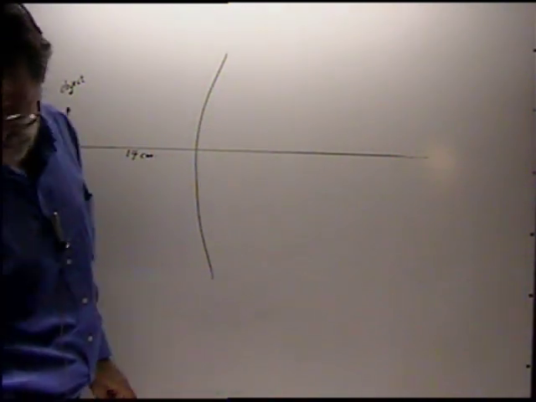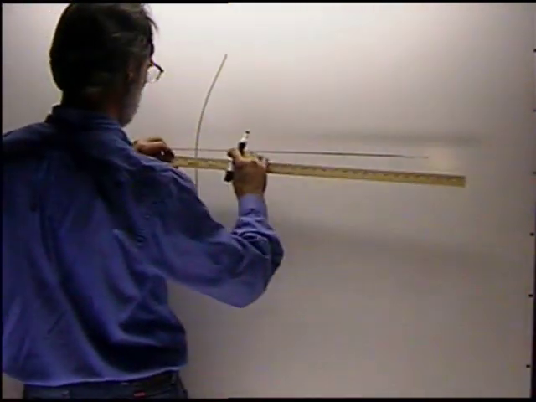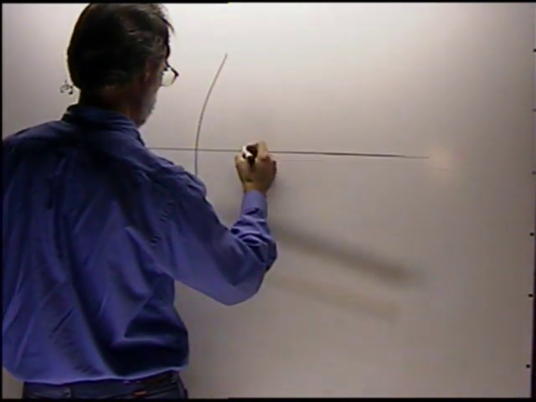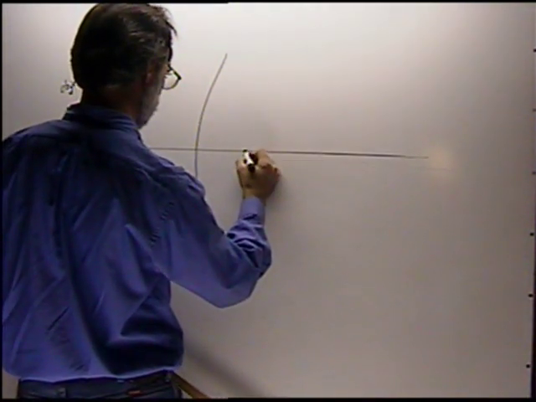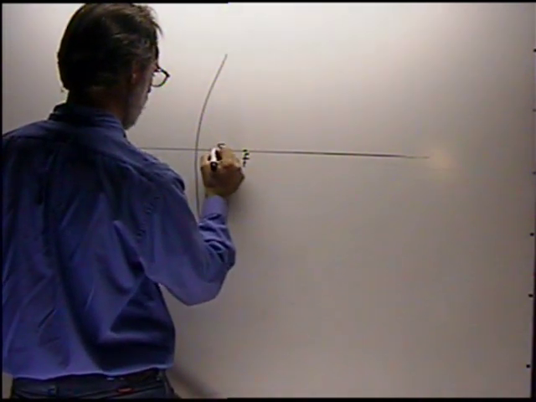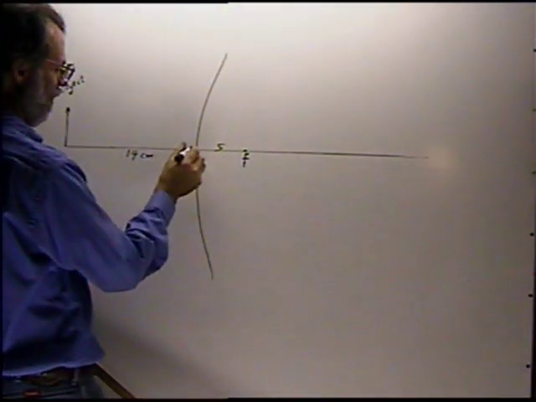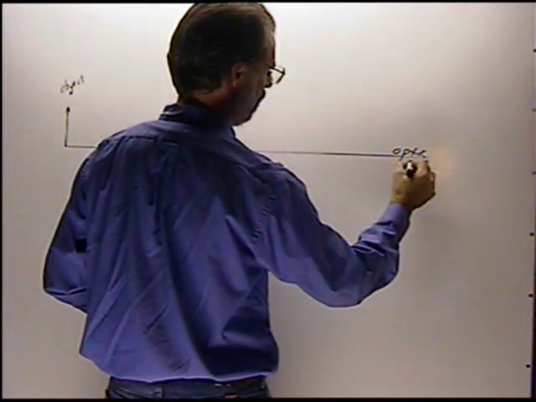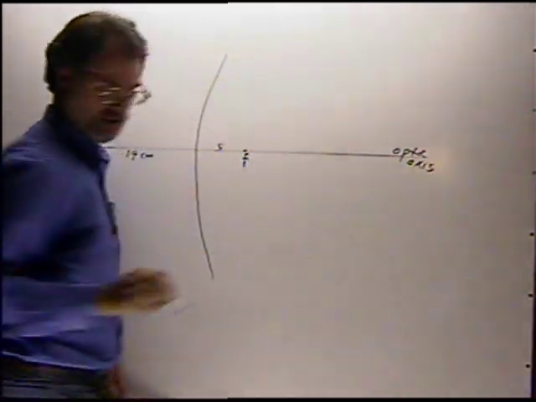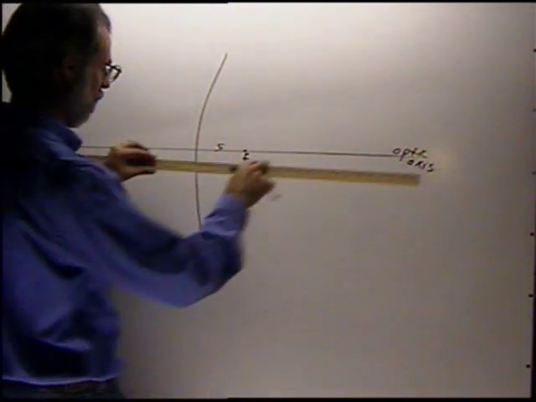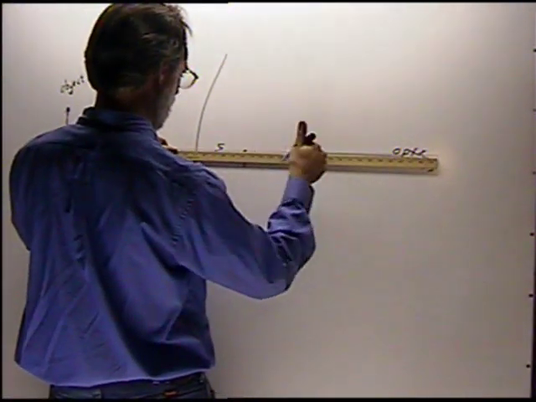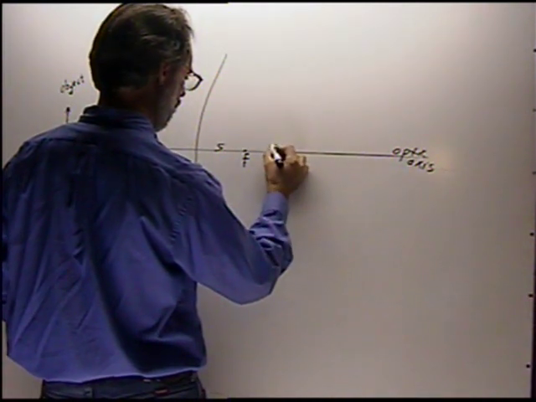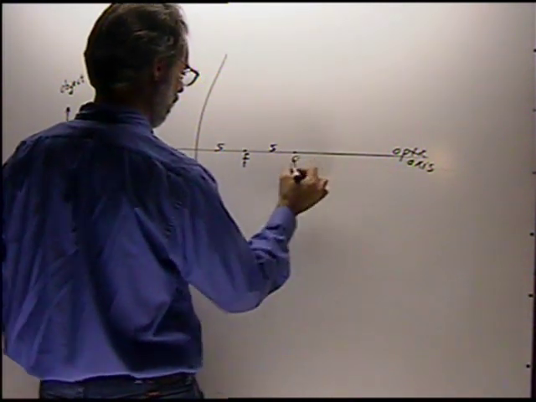Okay, the focal length is 5. That's 5 centimeters from the optic axis. Here's the optic axis. And the radius, of course, would be another 5, half that. Here's another 5 centimeters to the radius.